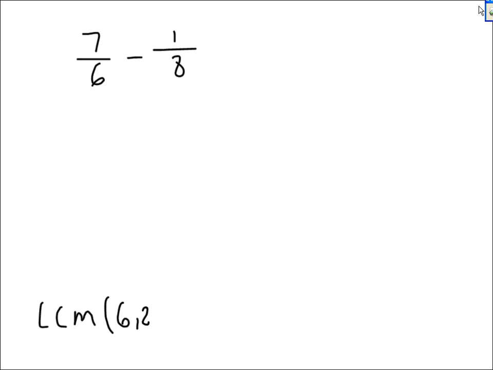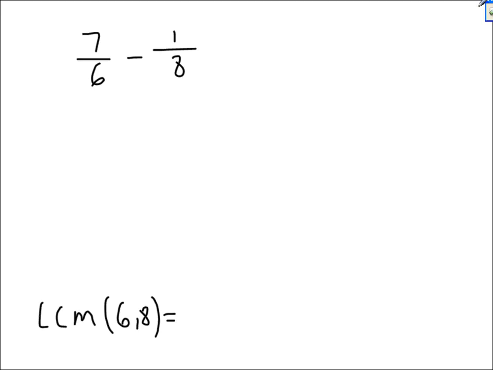Write another subtraction column. Subtraction is exactly the same as addition, except you don't add the numerators once you get the same denominator, but rather you subtract them. You have 7 over 6, and you want to take away 1 over 8. Well, you need to find the least common multiple of the denominators.